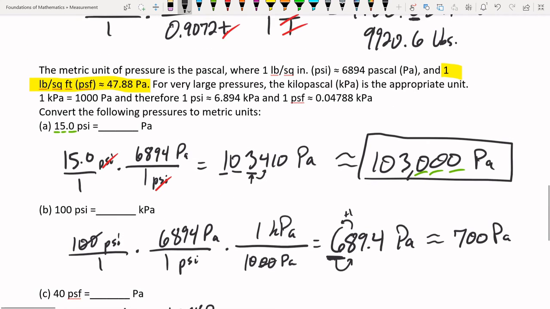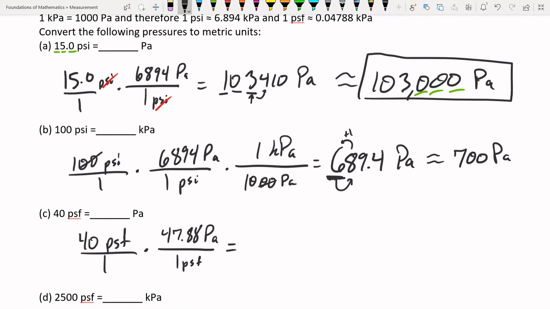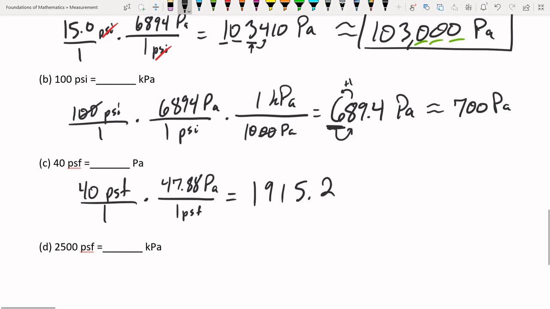I think I did that right. Equals 1915.2. And we would technically need to round to only 1 significant digit, so we would round it here. So that would be 2000. I forgot to write pascals.